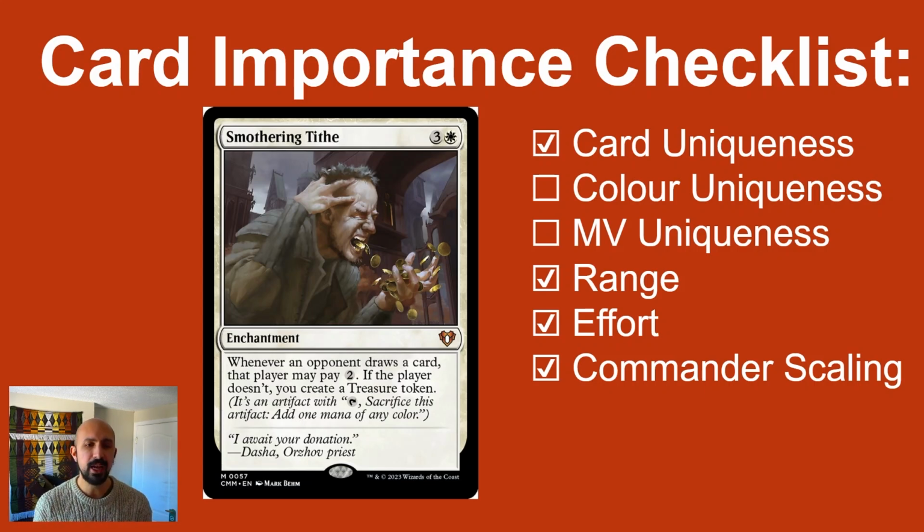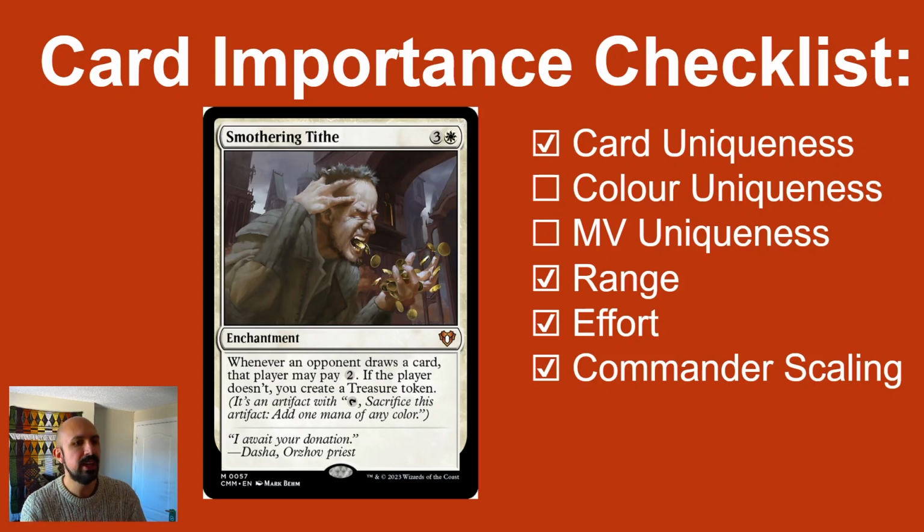Range, this is a card that has a pretty good amount of range because it hits all your opponents, and it hits their drawing cards, and it doesn't differentiate between the kinds of cards they're drawing, right? It doesn't say draw cards on their turn. It doesn't say draw cards that's not the first card.